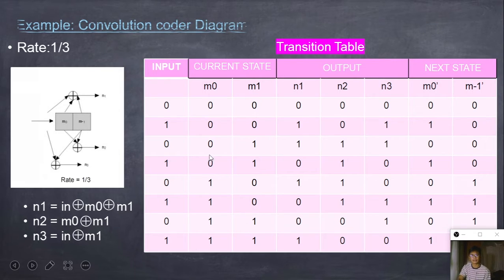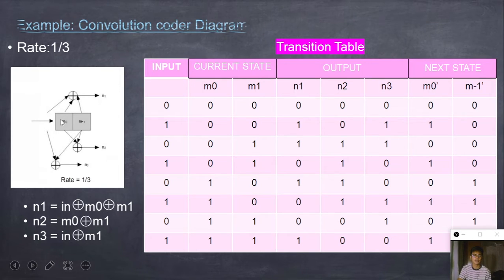For N3, input is 0 XOR M1 is 0, so the output of N3 is 0. For the next state, M0 and M1 are 0.